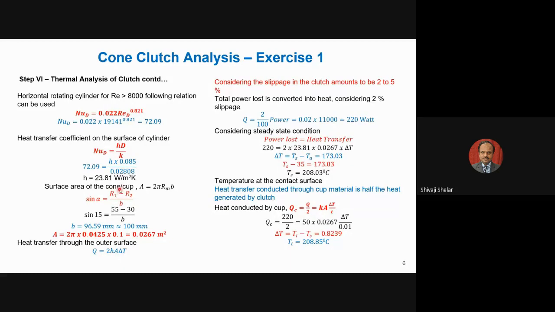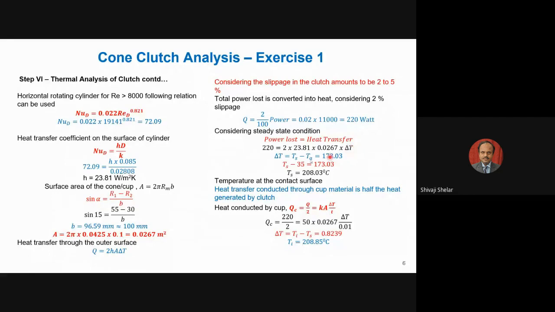h is calculated, that is 23.81. So 23.81 times the area. This is either one area, because we multiplied by 2. So we considered the mean area. Mean area is equal to 2 pi r_m b. So the mean area is 0.0267 into delta T. From this we can determine delta T for that surface and the atmospheric temperature condition, that is, the outside surface temperature of the plate, or the inside surface temperature of the cone which is in contact with air.